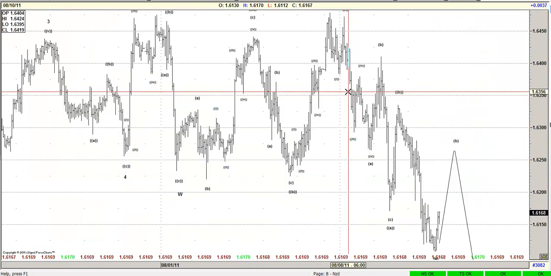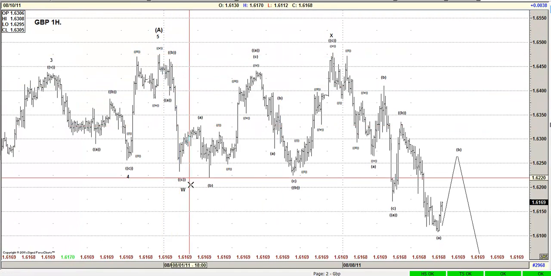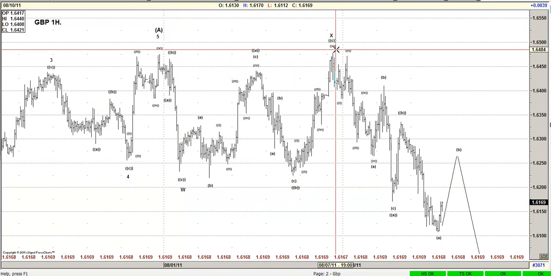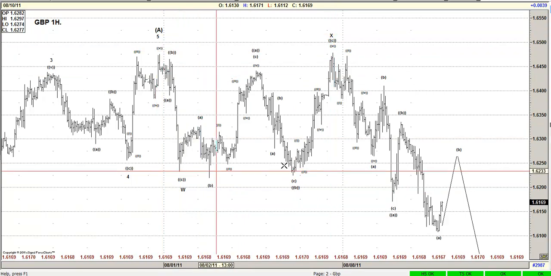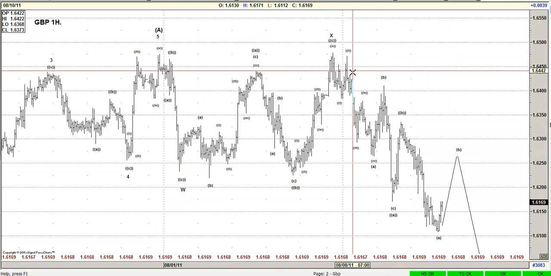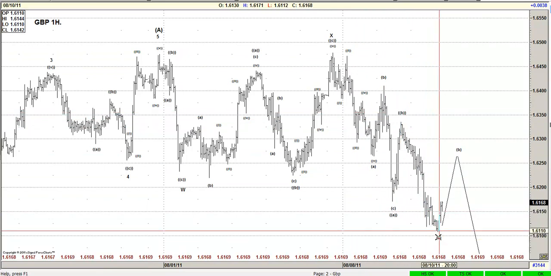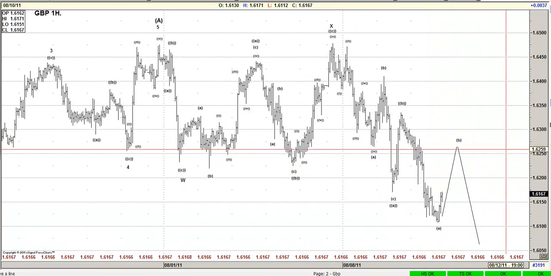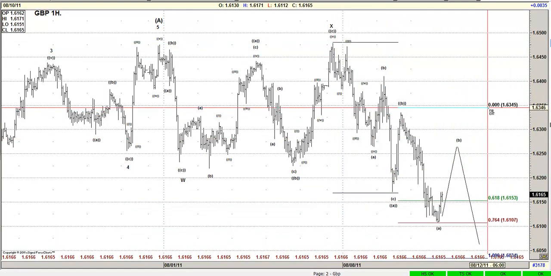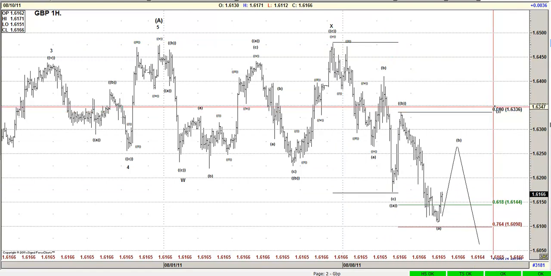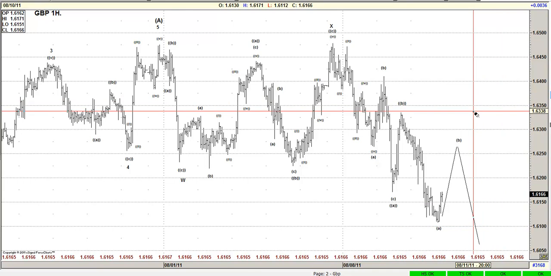We play a little bit on the cable, and now it looks like an ABC flat, and then we need, like this was a 3-wave move, you need a 3-wave move right here, and then you've got A, B, C, A, B, and then A, B, C, and that's going to take cable to a low around, I would say, the 160 area before turning higher, and then that 160 is going to be the same as 140 on the euro.